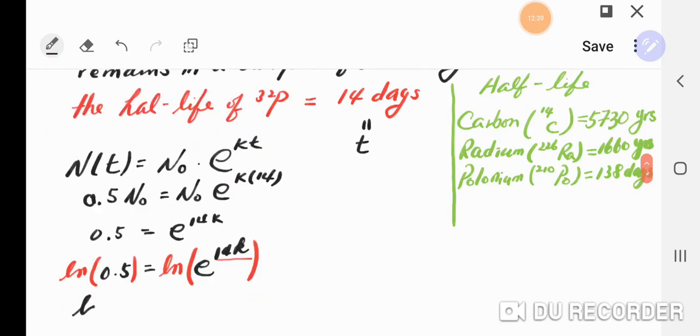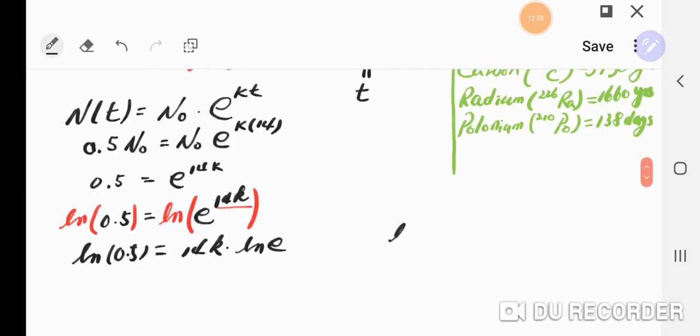The left-hand side is the natural logarithm of 0.5. The right-hand side is 14k times ln e. And ln e is equal to what? 1, right? So the natural logarithm of 0.5 is equal to 14k.